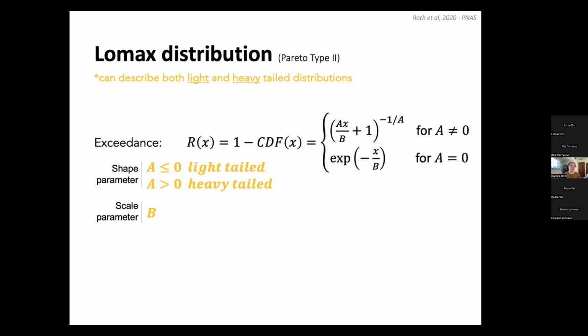So light tails, or local transport, are represented by distributions with a shape parameter, this a value, that's less than 0, and then an exponential distribution at a = 0, which is the dividing line between a light and heavy tail distribution.